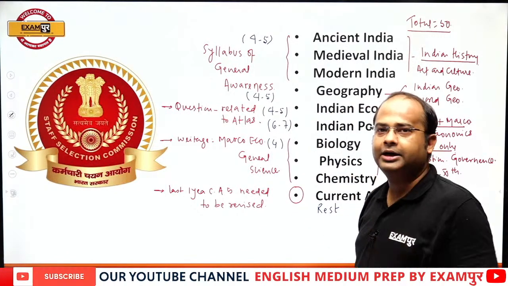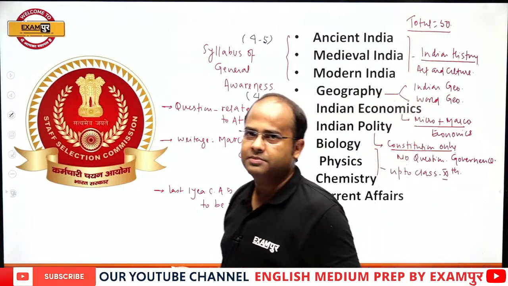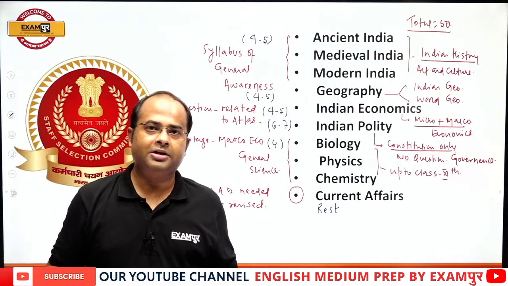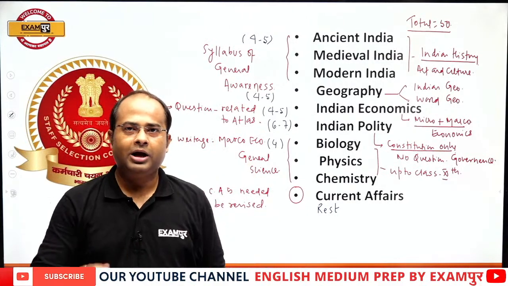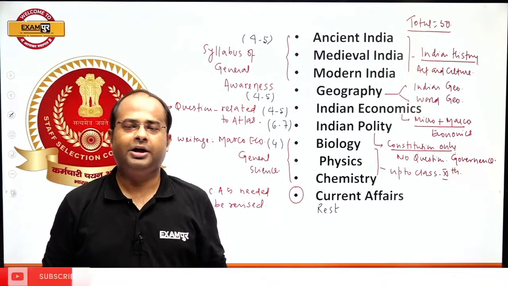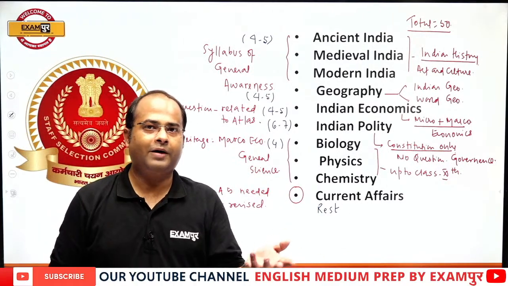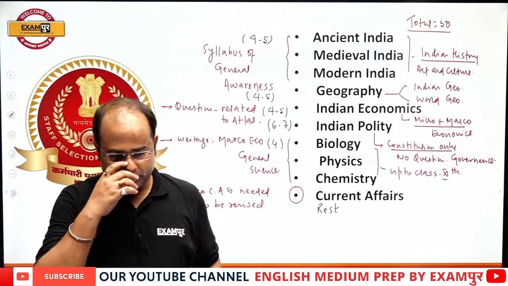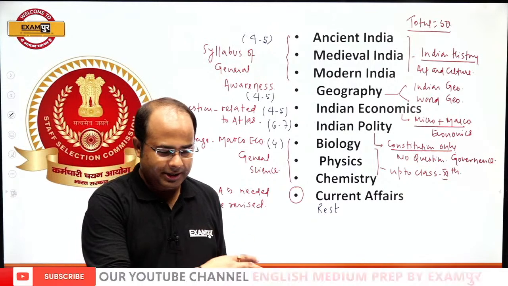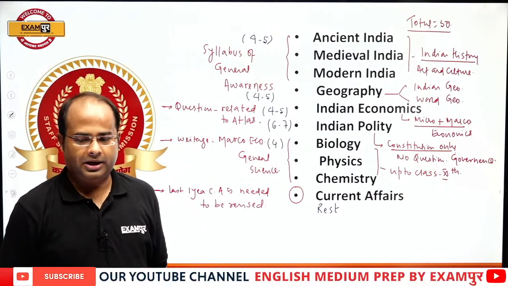So this is the tentative number of questions asked. The data may vary. Sometimes they start asking more questions from art and culture, and reduce the number of questions from medieval India or ancient India. So this is a tentative number of questions.